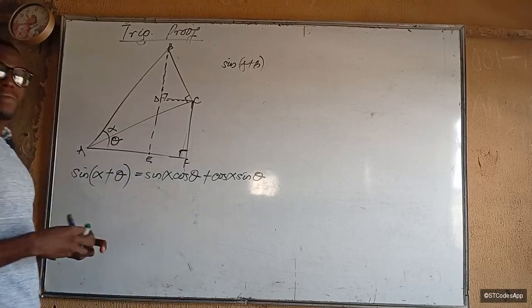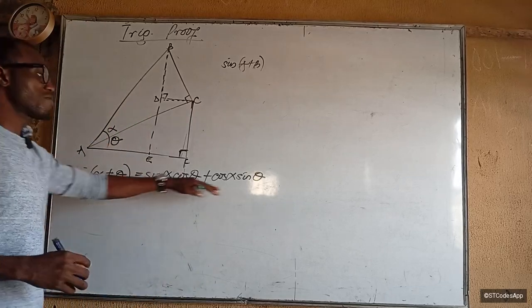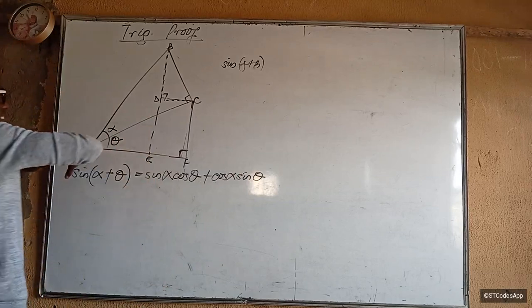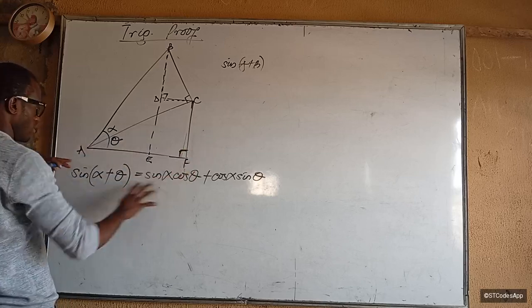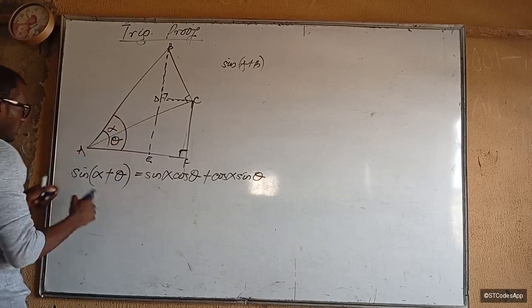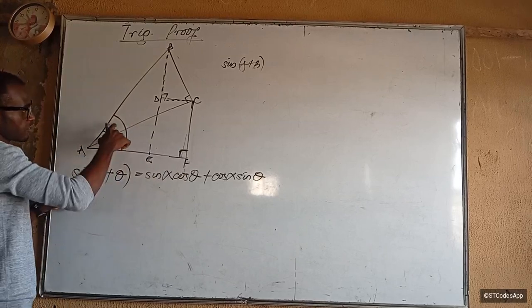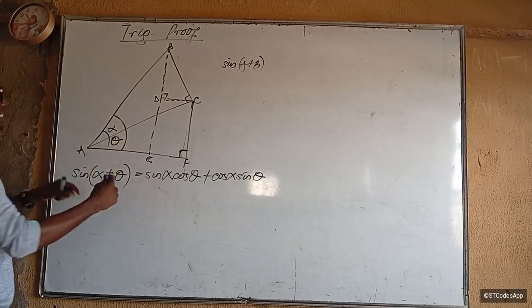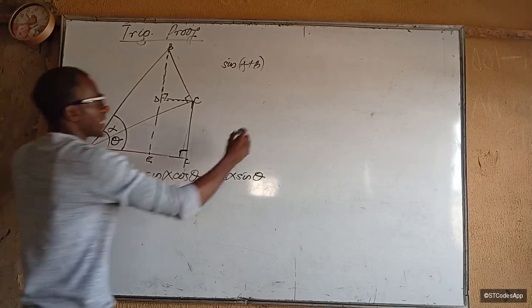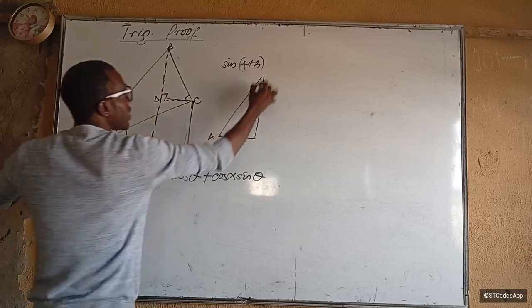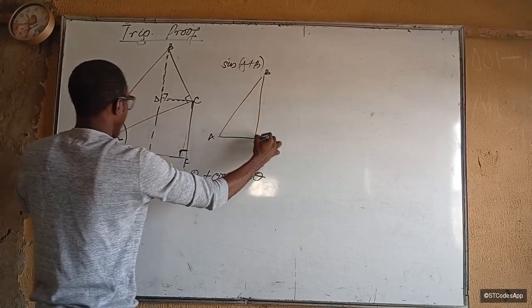But the way I'm going to be proving this is like this. Now watch. We need to take the sine of this entire angle. The sine of alpha plus theta is going to be the sine of this place plus this place. So the triangle we are looking at is this big triangle here, that has A here, B here, and E here.